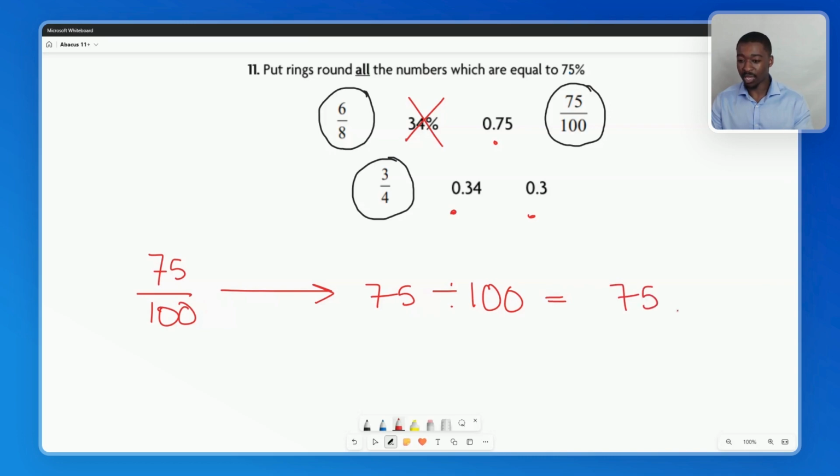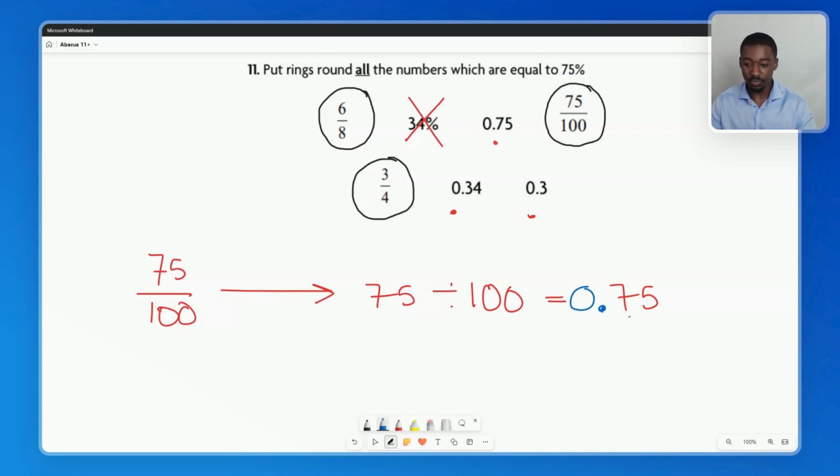And what happens when we have 75.0, same thing? The 0.0 does nothing. What happens when we divide this by 100? Well, the decimal point goes 2 steps back. It goes 2 bunny hops back in the left direction, and it ends up over here. So 1 bunny hop, 2 bunny hops. So now it's no longer 75.0, but instead it's 0.75.